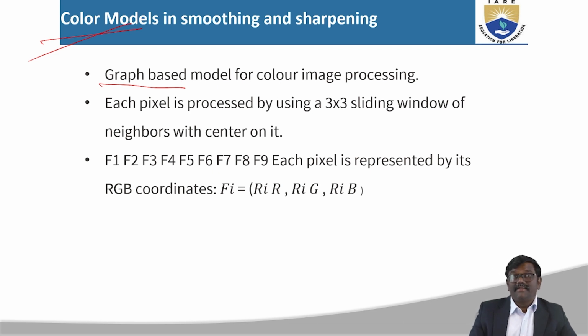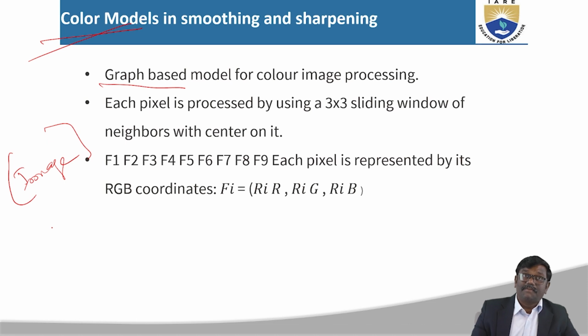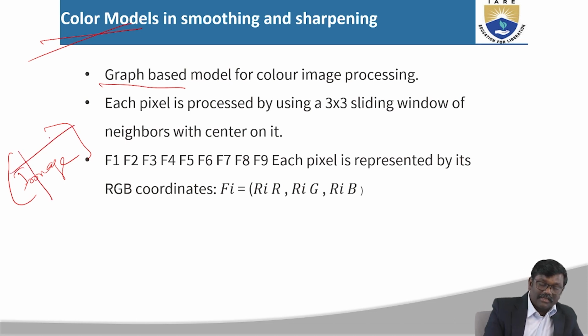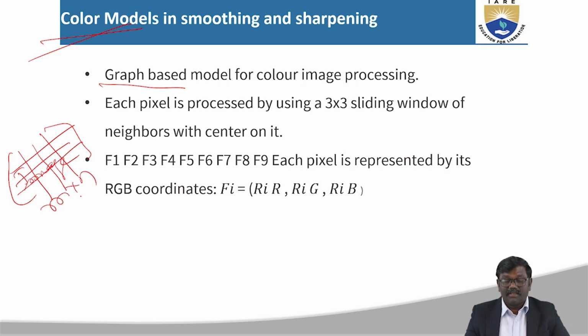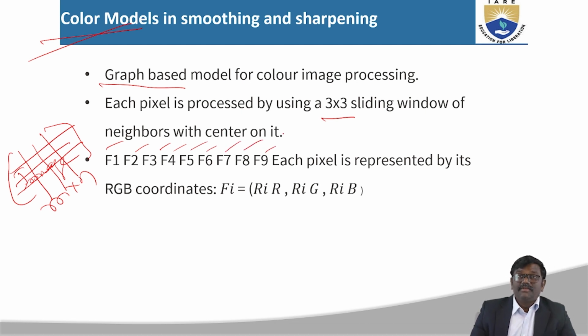As I said in the previous slide, we consider the image in terms of a number of pixels whose intensity values vary across rows and columns, with m by n size of the image, which right now we are keeping as a 3 by 3 sliding window of neighbors with the center on it. So each pixel is represented based on your selected objective function f, which varies at each value of i.